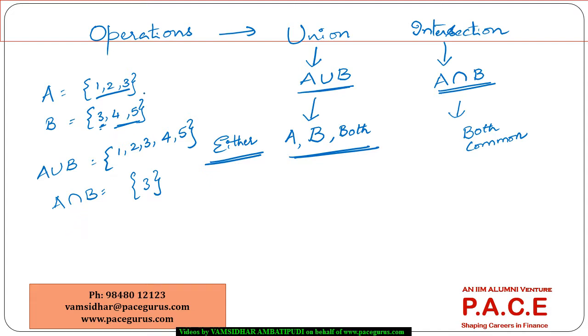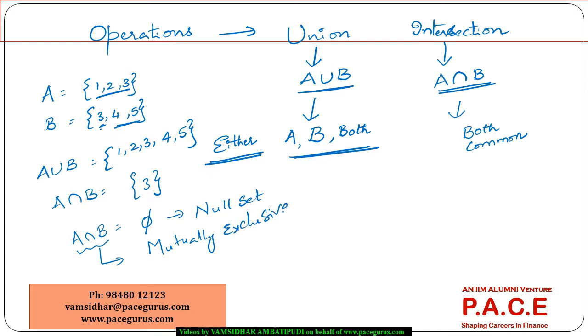But if there is no commonality between A and B, then we call A intersection B phi, the null set we already discussed. Then these two events A and B are typically called mutually exclusive. That's another term that we generally use.